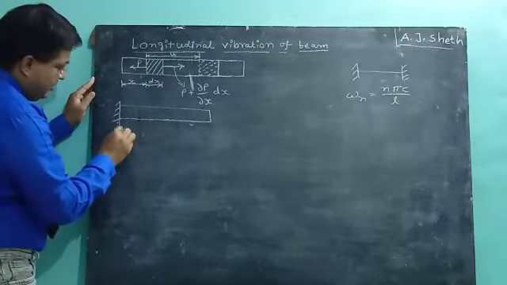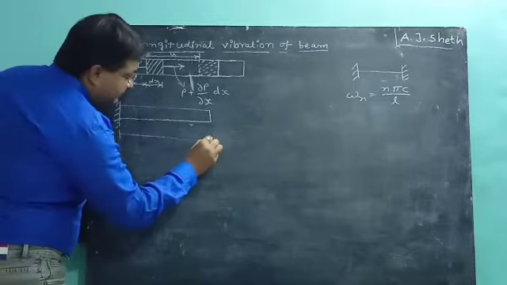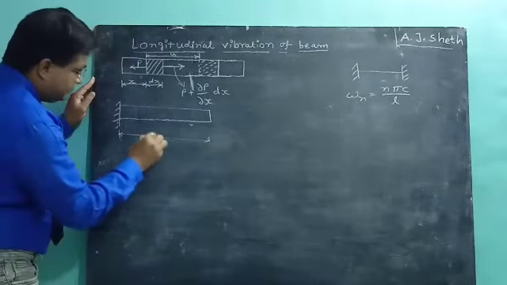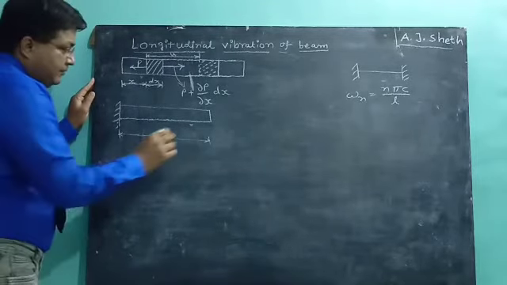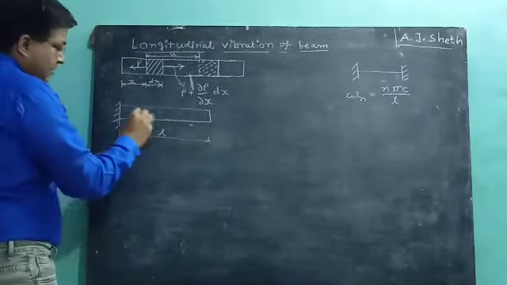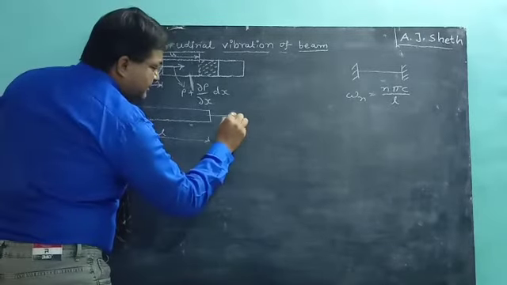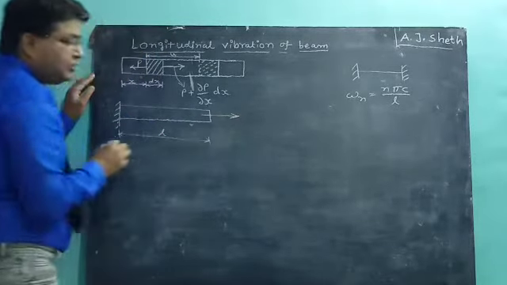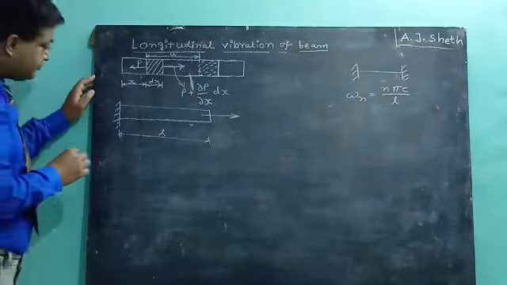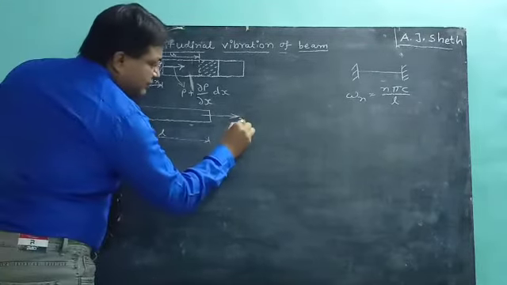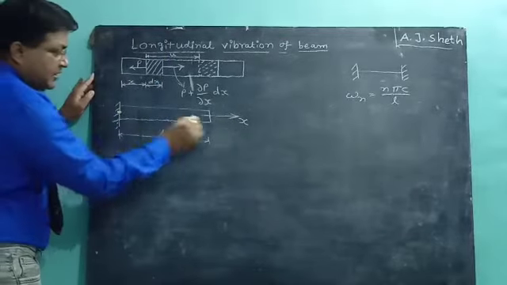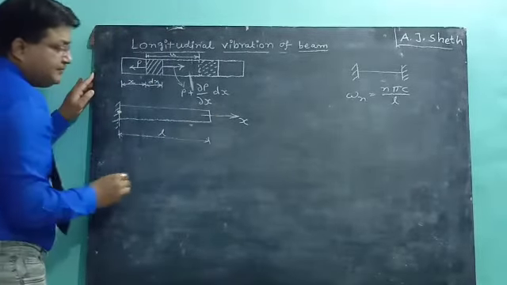The overall length is L. The load will be applied in this direction as it is a longitudinal vibration case. X equal to 0 location, x equal to L location.